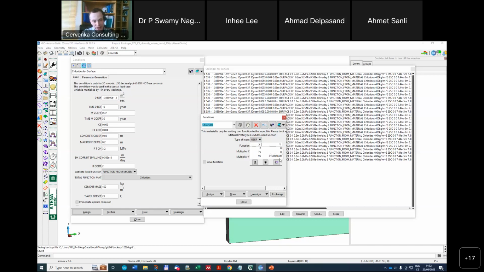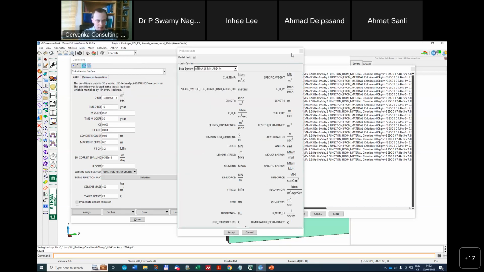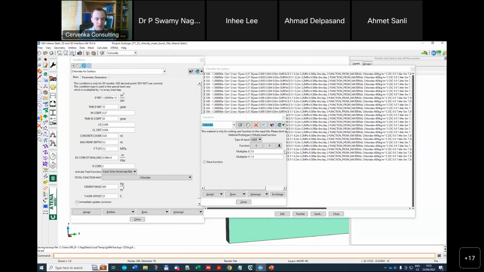To define the time here correctly, you should review the units used for your ATENA problem. In this case, we can check it through here, through data and data units, and for time we see that seconds are defined here. So these should be the units in this function.